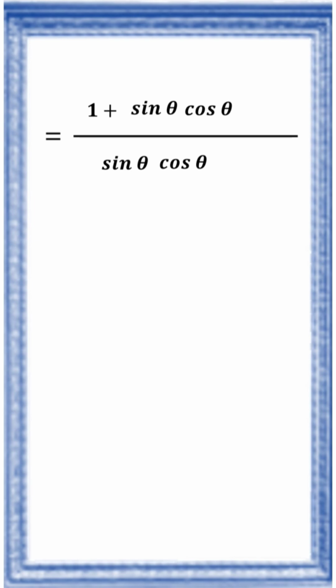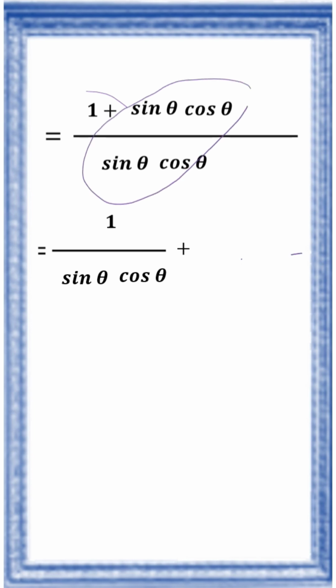So now we can separate it. How? 1 by sin theta cos theta plus sin theta into cos theta in the numerator upon sin theta into cos theta in the denominator.